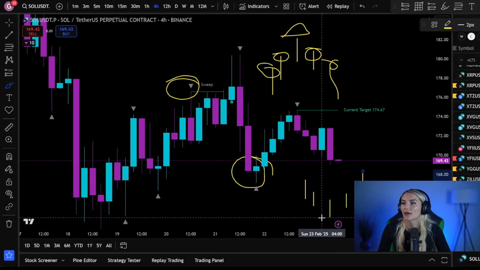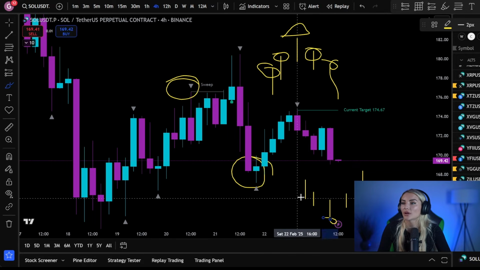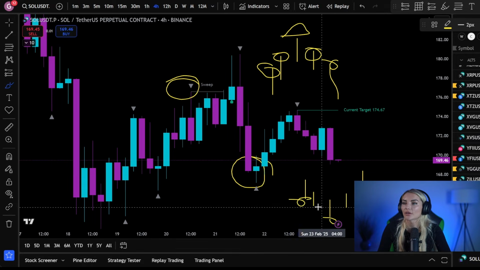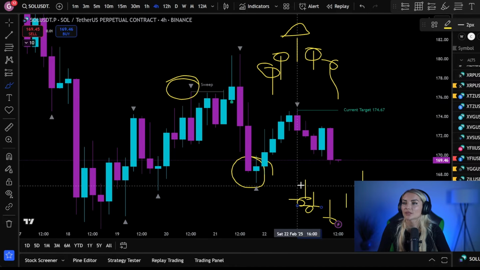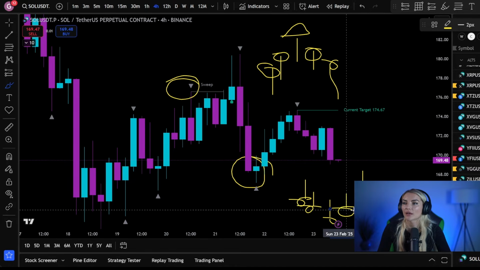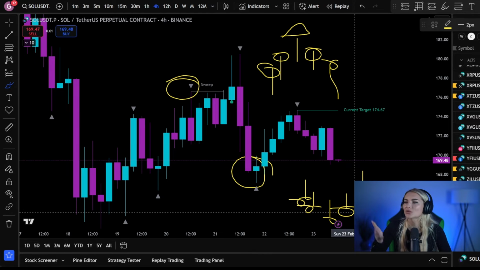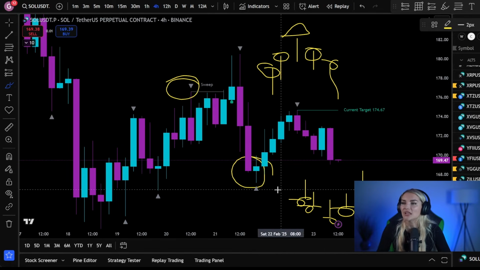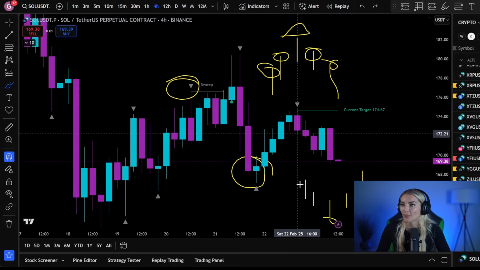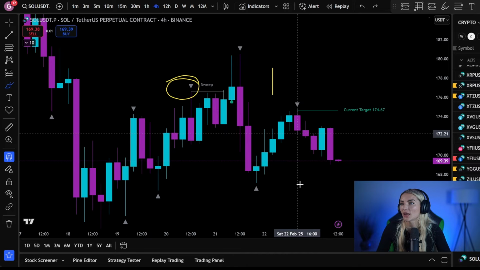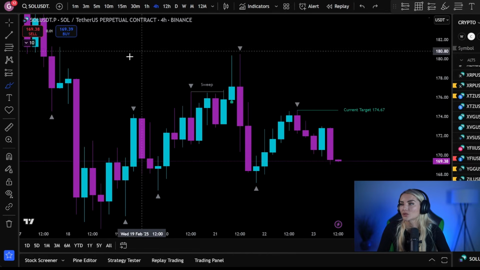Again, this is your fractal, and then you have 2 candles that are trading lower lows and then higher highs on each side. This is basically what a fractal candle is, and the strategy is based on a fractal candle sweep.